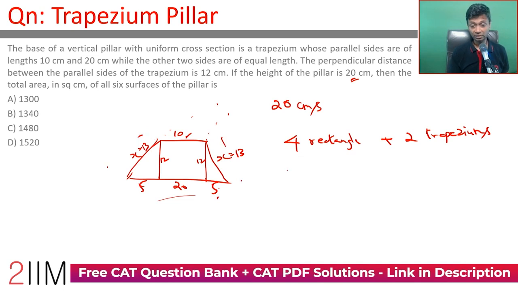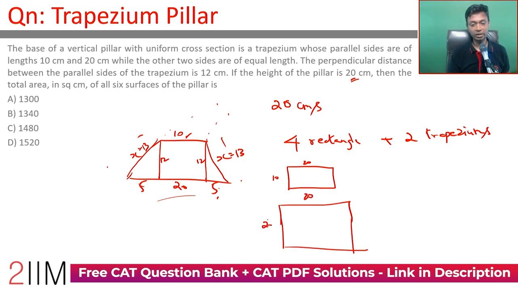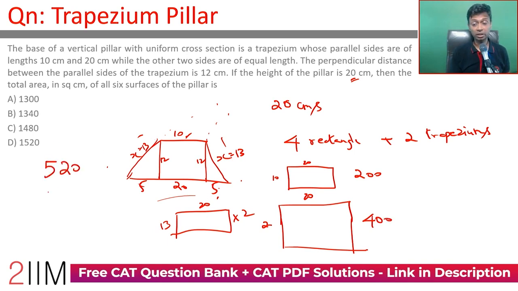So we'll have 4 rectangles: one measuring 10 by 20, one measuring 20 by 20 and 2 measuring 13 by 20. So 10 by 20 area is 200, 20 by 20 area is 400, 13 by 20 is 260 into 2, 520. So we're looking at 520 plus 200 plus 400, so 1120.